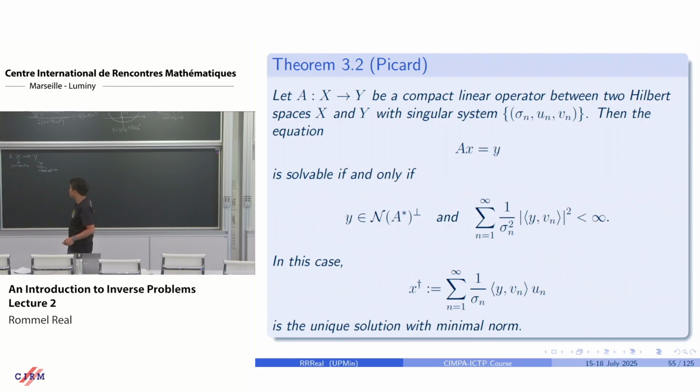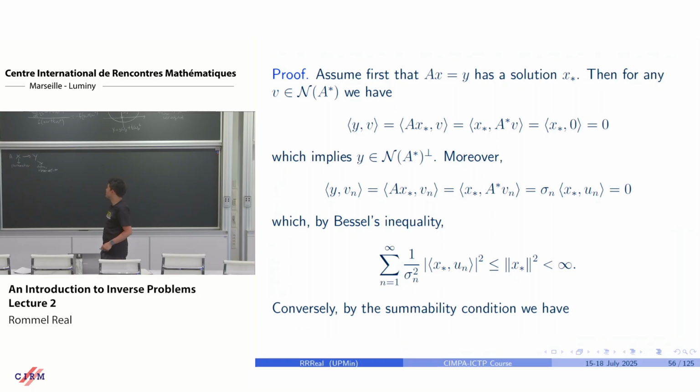That means for any sequence in our data space that converges to y in the space Y, if we let the sequence x sub n be the sequence of solutions of this operator equation with respect to every element y sub n, then x sub n must converge to the solution of the equation Ax equals y. If one of the requirements is violated, then the equation is ill-posed.